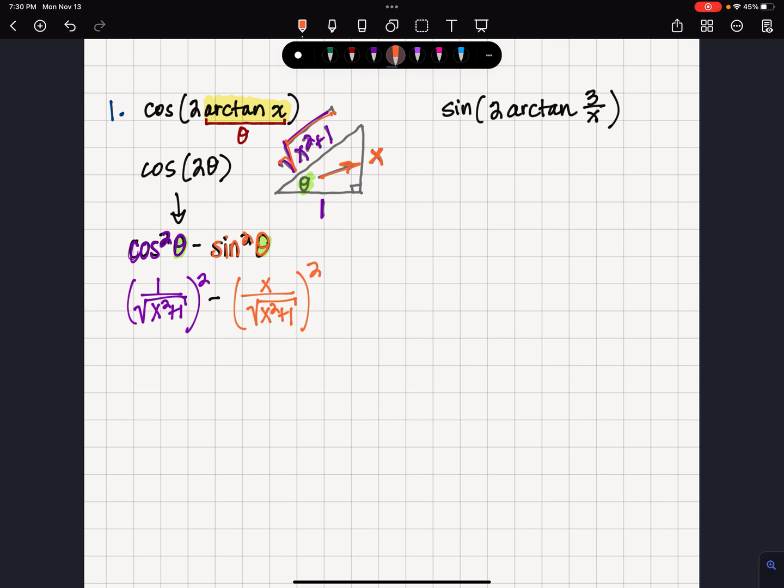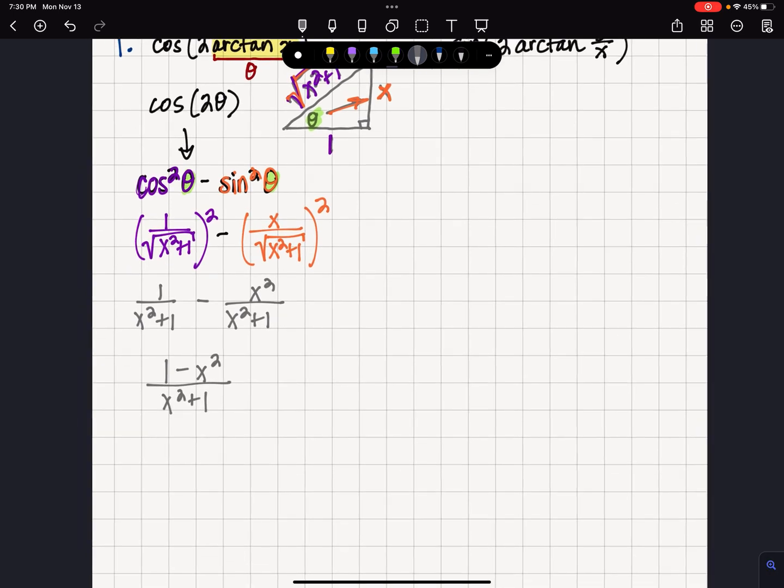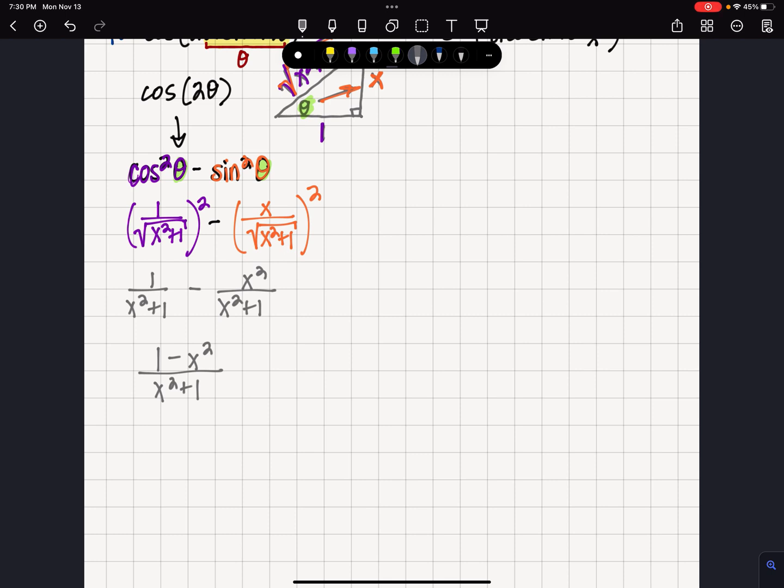And now we just simplify. It's as easy as that. I've got 1 over x squared plus 1 minus x squared over x squared plus 1. That's going to give us 1 minus x squared all over x squared plus 1. Nothing simplifies. It is what it is, and that's our answer.